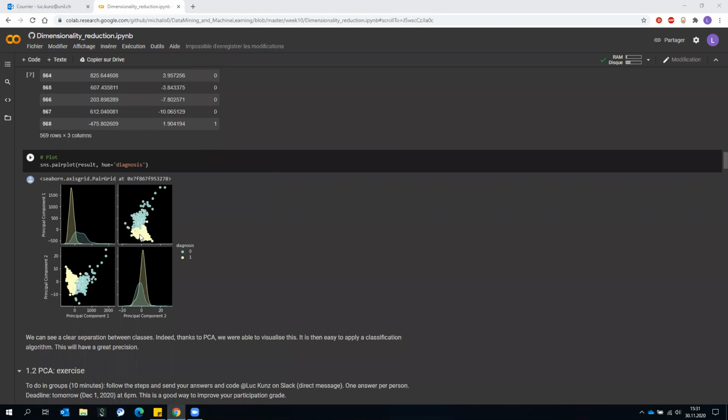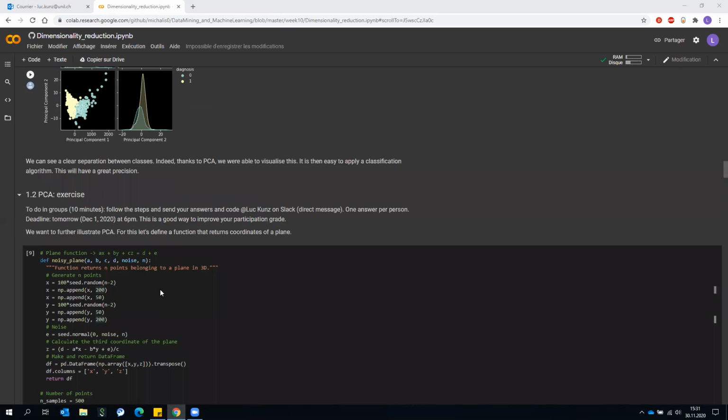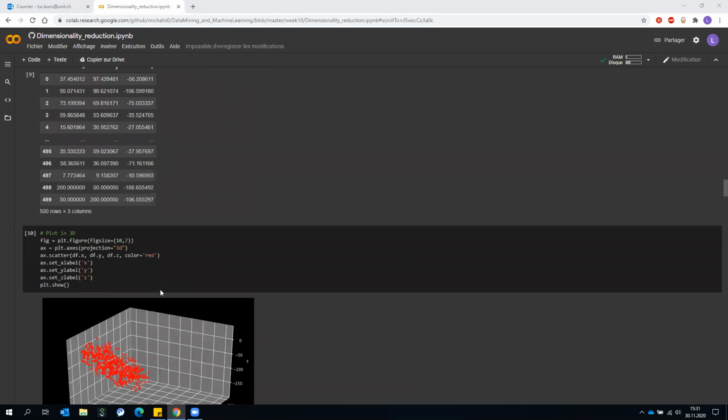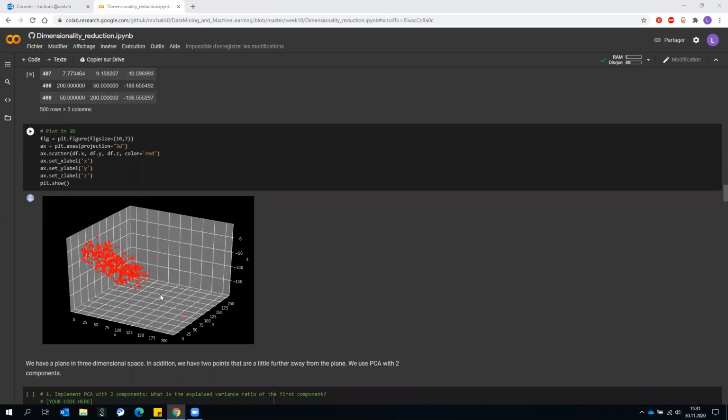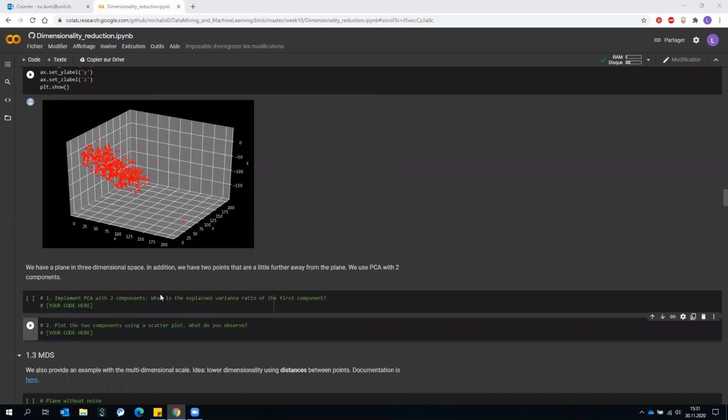We saw that there is a clear separation, and the idea here is to do the same with this data and to see how the PCA does and what the result is. And then to plot the two components in 2D again.